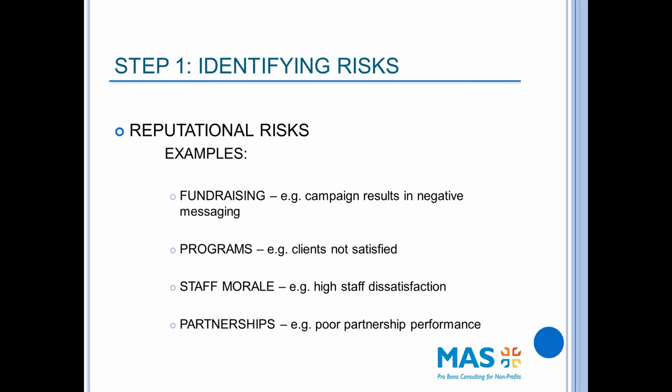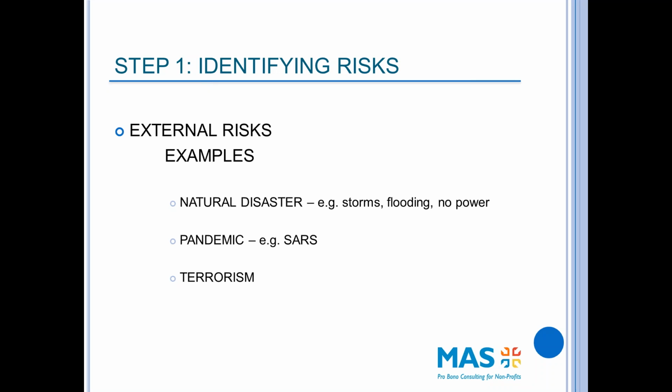And then the last bucket of risks is external risks, which are things you really don't have any control over. They're just out there. There's the risk of natural disaster, storms, flooding, you lose power, things like that. Pandemic risk, something like SARS would be an example.